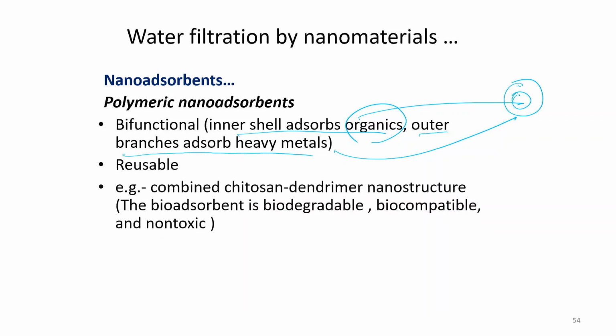Here we use two types of organic compounds, like combined chitosan and dendrimer nanostructure. The bioadsorbent is biodegradable, biocompatible and non-toxic. That is the advantage which we do not get from the other types of nano adsorbents.